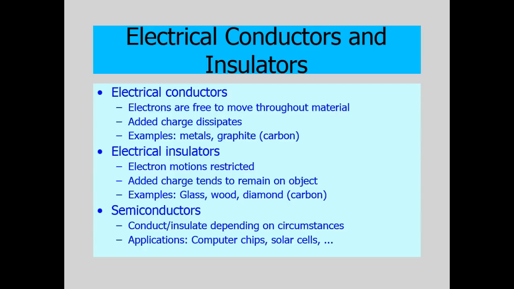Okay, now electrical insulators would be things without any free electrons. The electron motions are restricted. Usually these are great, big, bound molecules that don't let electrons flow around. When you have these, usually the charge tends to remain on the object right where you put it, because there's not a lot of mobility in those electrons.